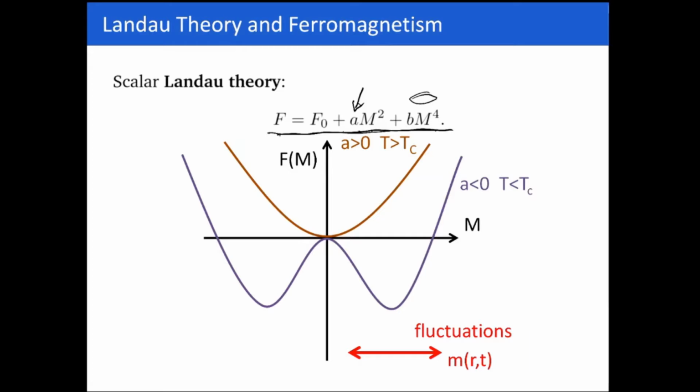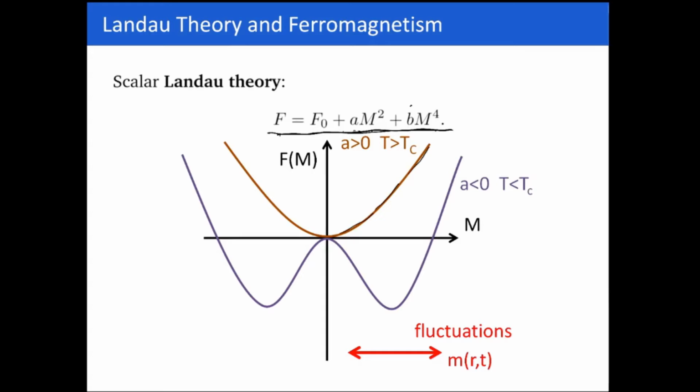So in the case of a ferromagnet, at high temperatures above its ordering temperature, you would have A and B both positive, and that would give you a curve such as the brown curve here.